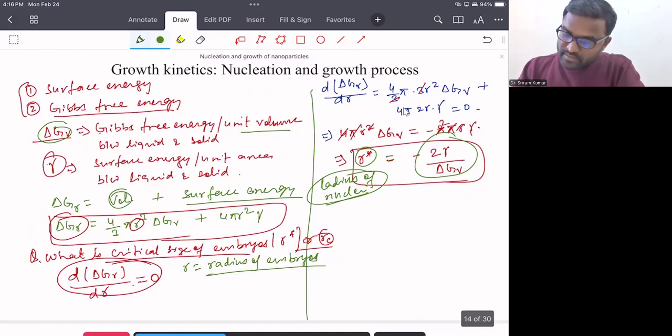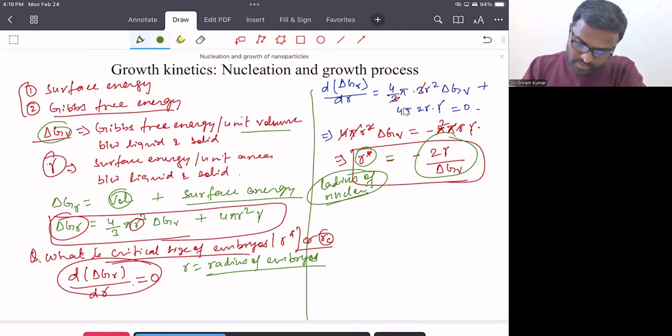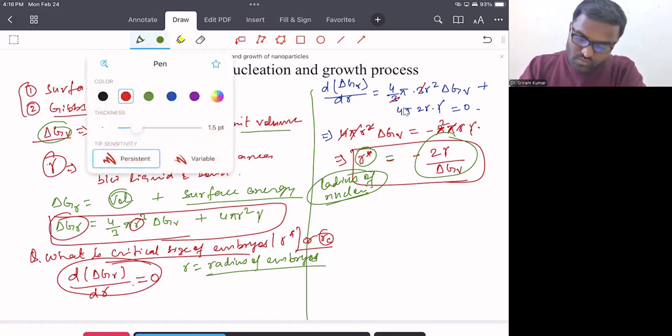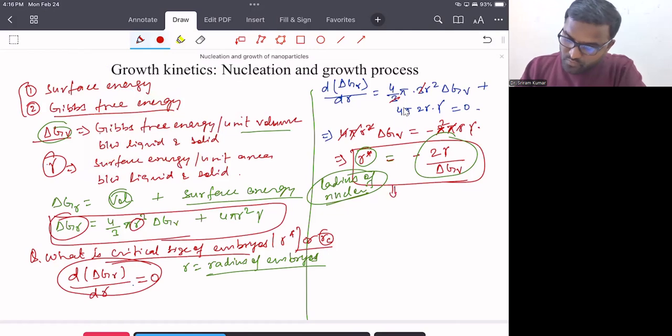Now we understand this radius, and if we put this value here, we need to find out the critical ΔG value. If we put the values here, we will get 16π by 3 γ³ upon ΔGv to the power 2.